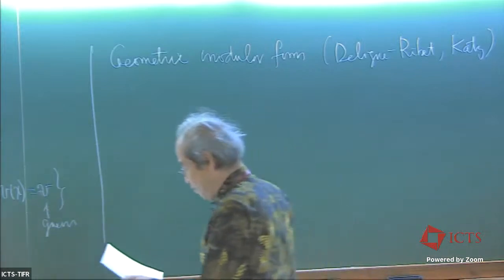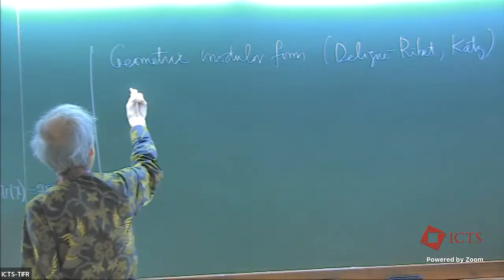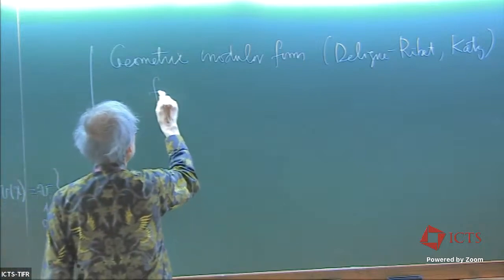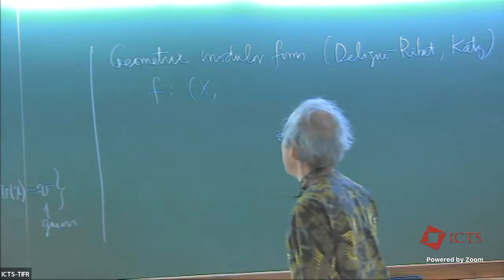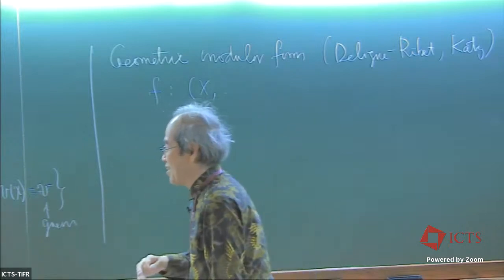And actually, a modular form is not a modular function. It's not a function over the Shimura variety, but it's a section of a line bundle. That just means that a modular form is a function which assigns a rule to the Hilbert modular abelian variety and the polarization, but I just forget about the polarization.